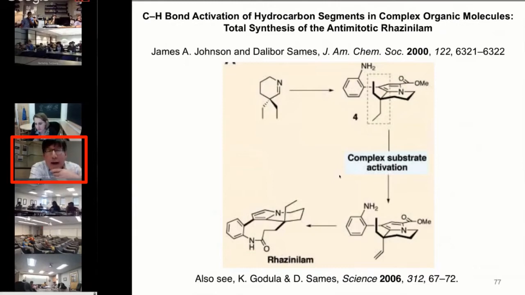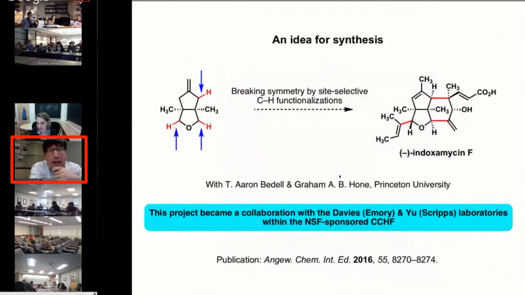And in the next slide, you see an idea in which we would try to do something similar in our effort to build indoxamycin F. So indoxamycin F happens to be a rather biologically active anti-cancer natural product.